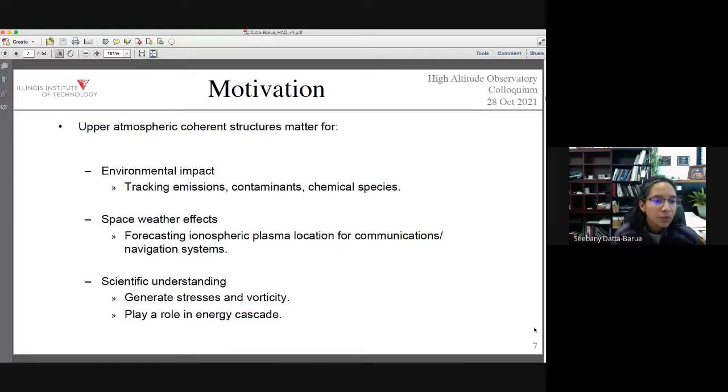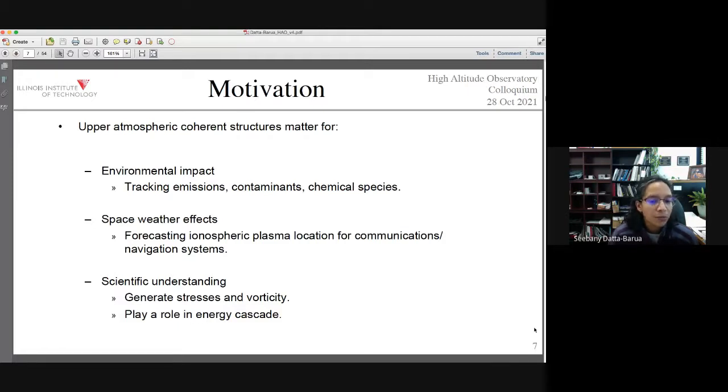We might also be interested in the effects of the transport of those materials on our technological systems, so space weather effects. I'll talk more about how ionospheric plasma is of interest, because it can impact radio communications and radio-based navigation systems.